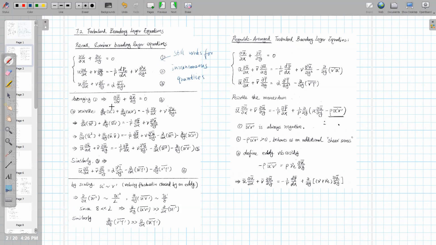First you rewrite the momentum equation, putting the u value inside the convection term, and then do averaging on the left and on the right. Remember that when you do this averaging, the mean of u squared will not equal the square of the mean of u. Or for uv, you cannot just write it as u times v. This does not work.